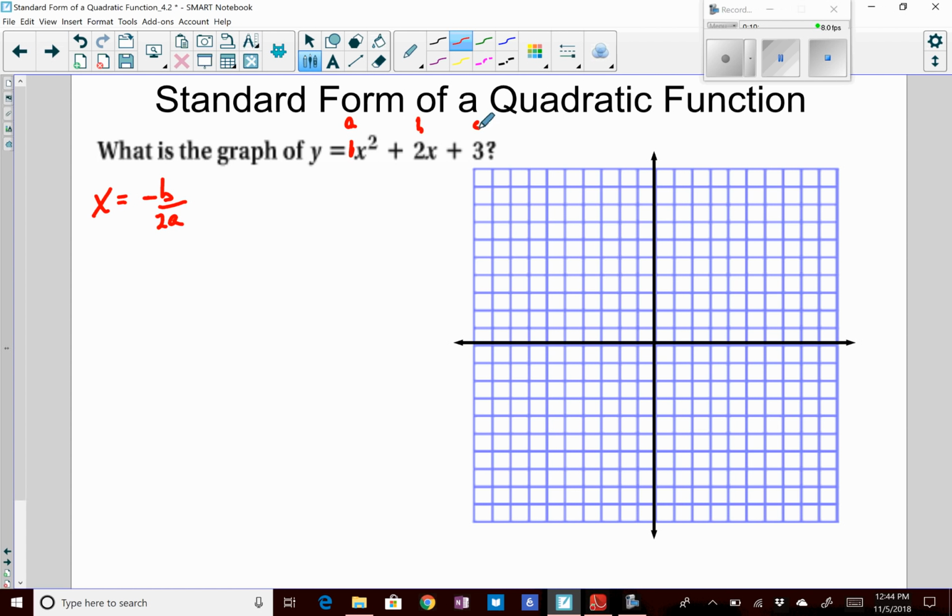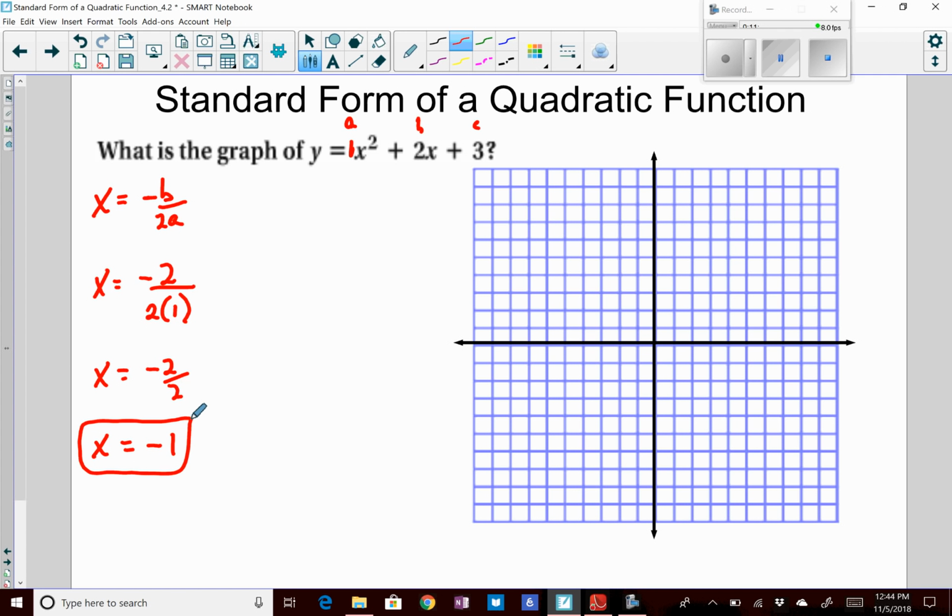So negative b over 2a gives us x equals negative 2 over 2 times, in this case, a is 1. So x equals negative 2 over 2. That makes our equation x equals negative 1. So that's the x coordinate of the vertex. That is also the equation for the axis of symmetry.